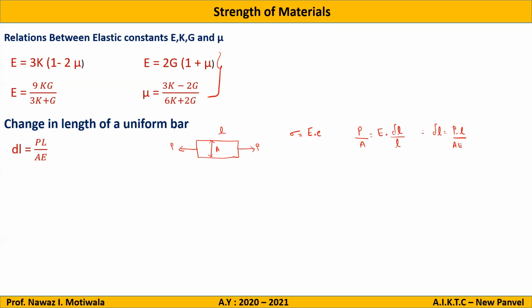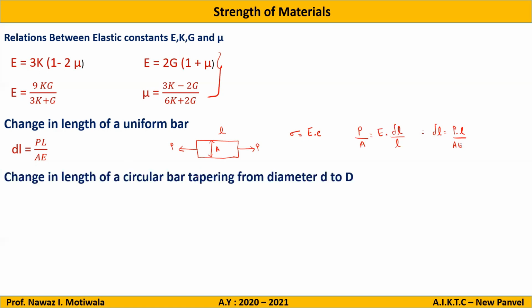Now what happens when the bar is a circular bar which is tapering from diameter d to D? Let us say there is a bar which has some diameter small d here, and as we go towards the length, the diameter goes on increasing, up to capital D here.